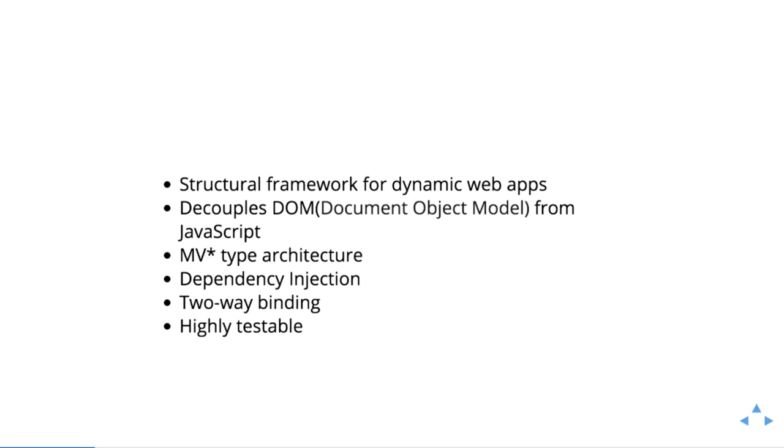And then we talked about two-way binding between the JavaScript and the DOM. We haven't really talked about testability, but that's a good thing for Angular because you can highly test everything, and that's what we're doing on the project Alex and I are both on.